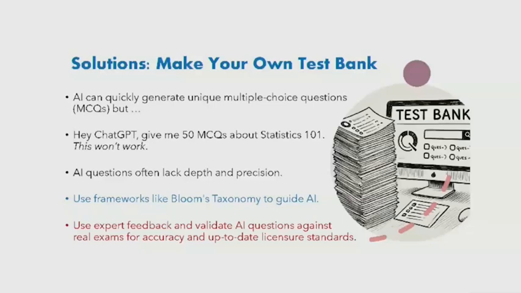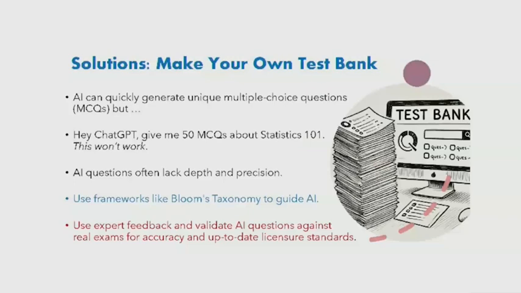Say, for example, you tell ChatGPT, give me 50 questions for a particular subject. That doesn't really work. Researchers have found that if you simply ask an AI to give you a quiz for the class, these questions tend to be very low quality. So you need to do more prompt engineering so that the questions are high quality.